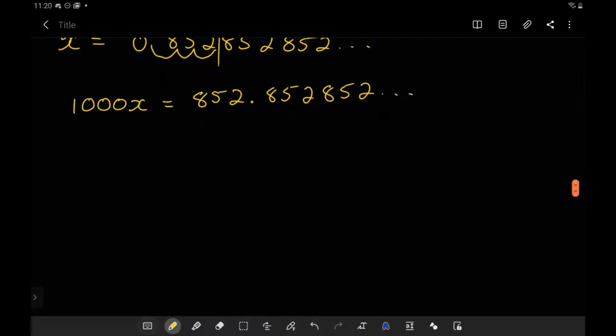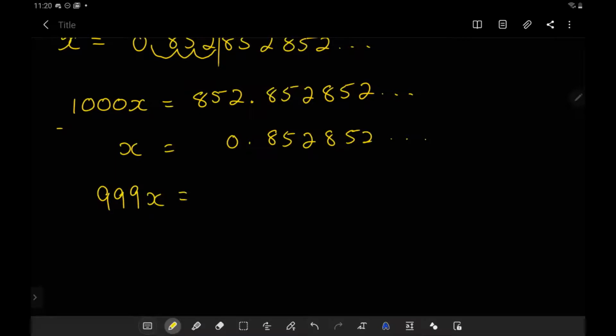Now, if I put x here and subtract x from it, we have 0.852852 and so on. 1,000 of something minus 1 of that thing is exactly 999 of that thing.